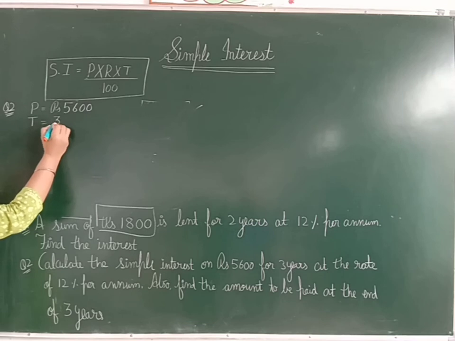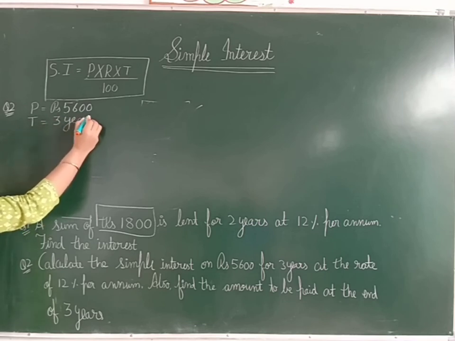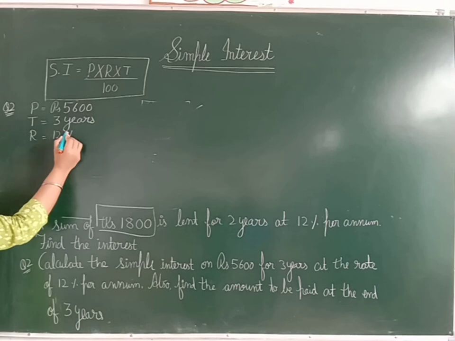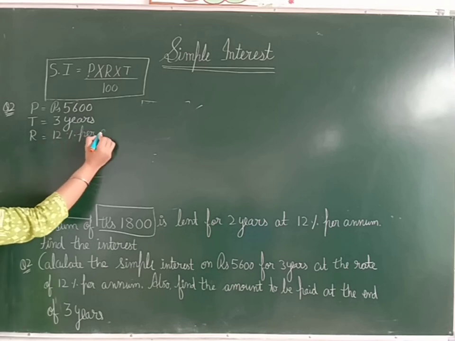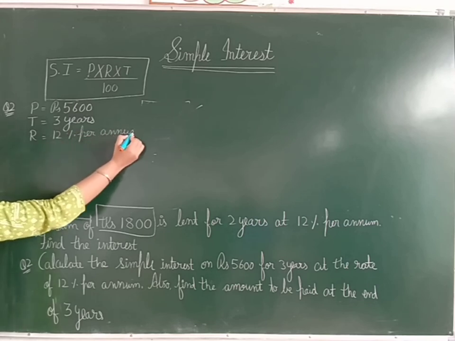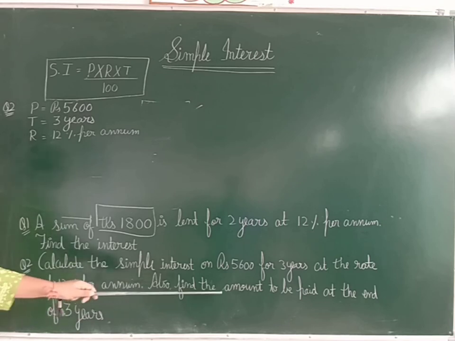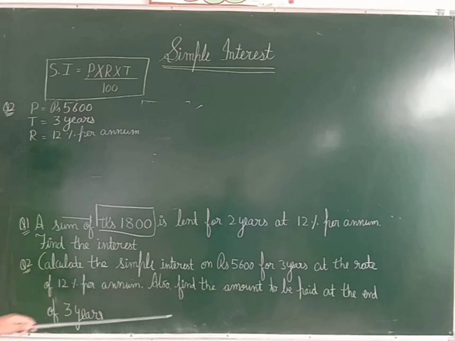And the rate is 12% per annum. Also find the amount to be paid at the end of 3 years. So in this case we have to find the amount that we have to pay after 3 years.